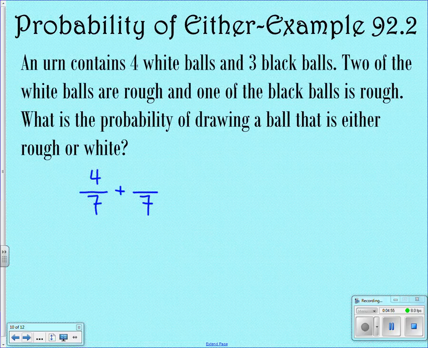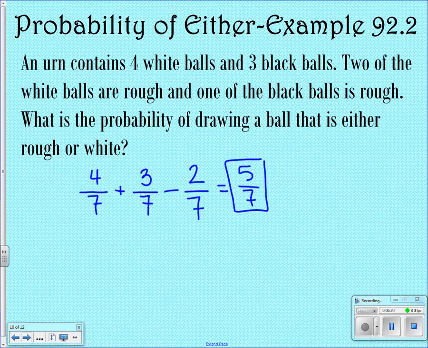Well, it says we have 2 rough and 1 rough, so a total of 3 that are rough. But how many are both white and rough? How many did we accidentally overcount? 2 of the white balls are rough, so we have to subtract those 2. So you should get 5/7 for the probability of a ball that is either rough or white.